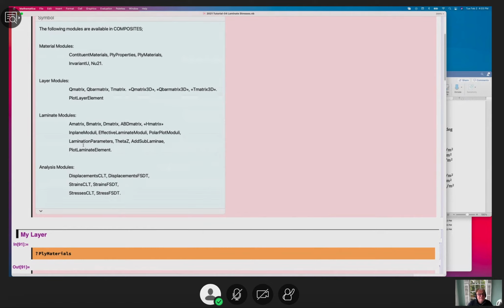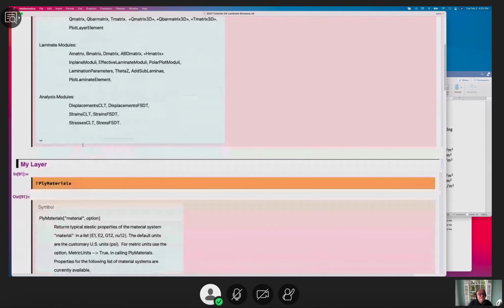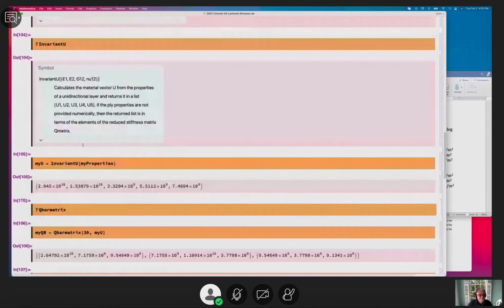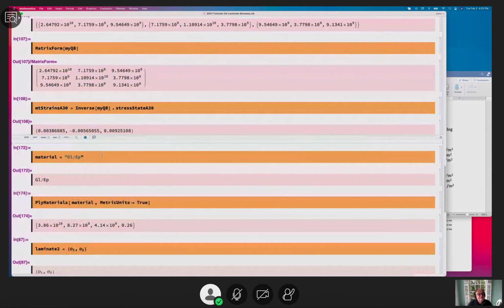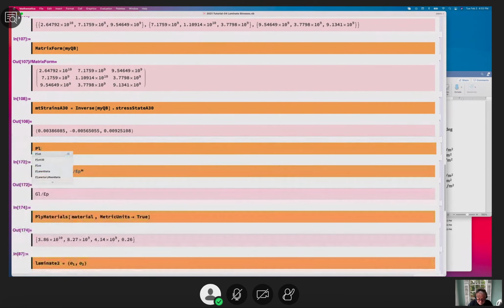There should be layer element too, plot layer element, I think. This was in one of the other tutorials, so let me see if I can find it. Plot layer element, yes, that is the correct one. But just in case, question mark, plot, there it is, layer element.